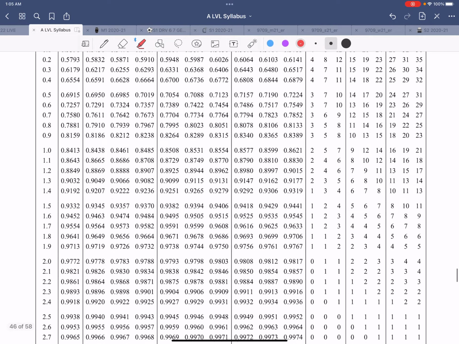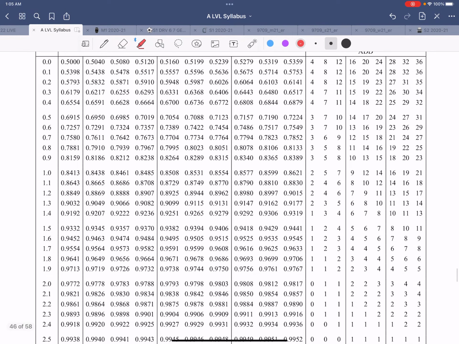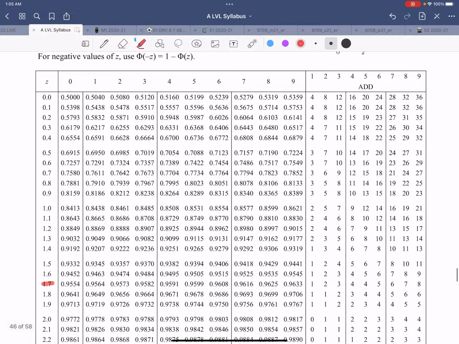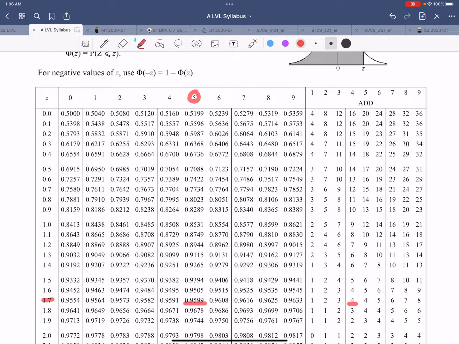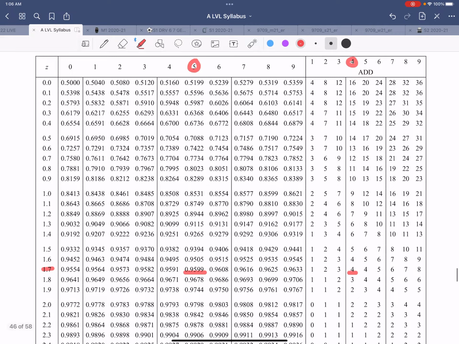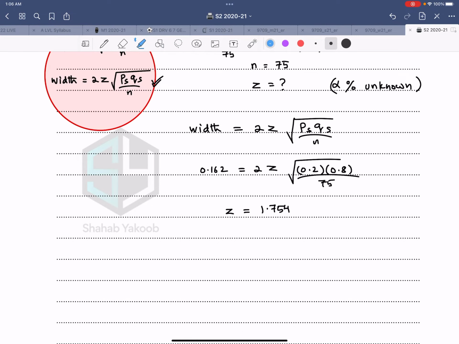So 1.754 is 1.7 and then a 5 and then a 4, so 1 2 3 4. So this is 9599 plus 4. So 1.75 and then a 4. So this is what you get, 9599 plus 4.